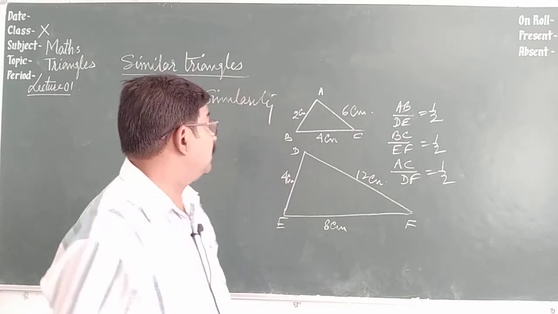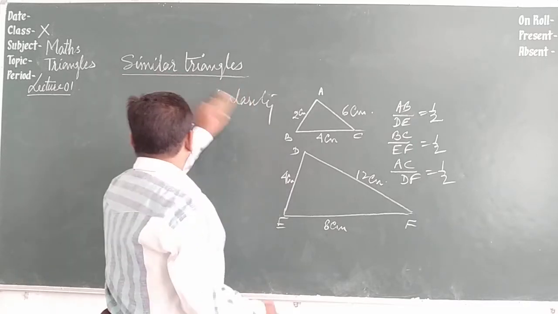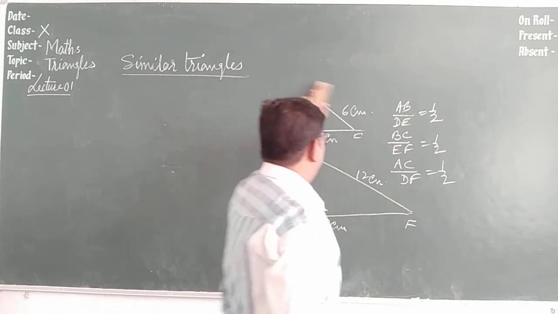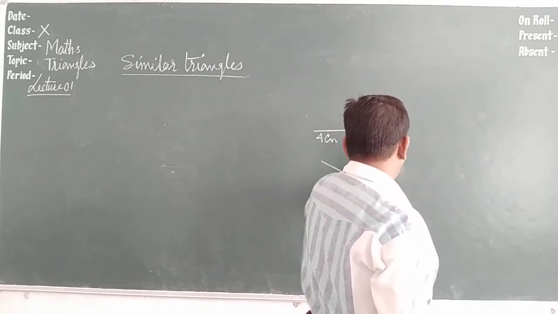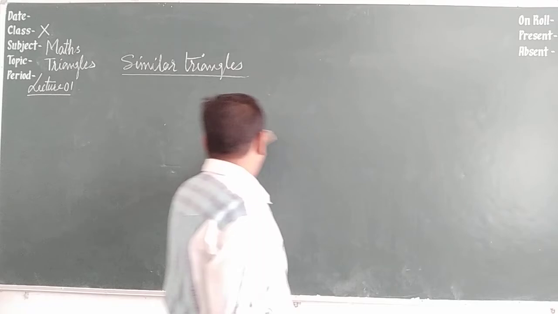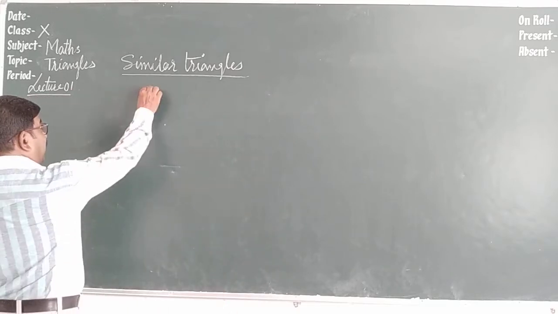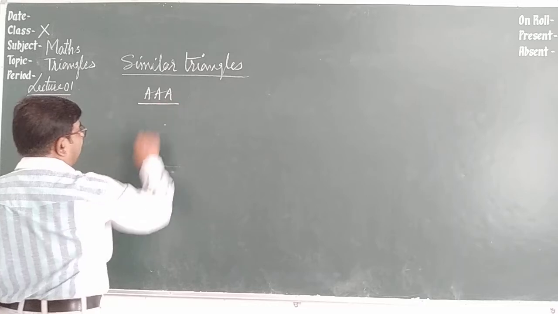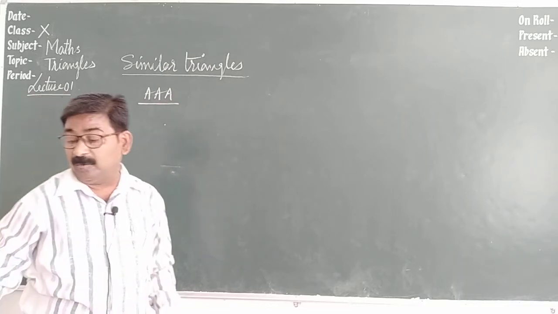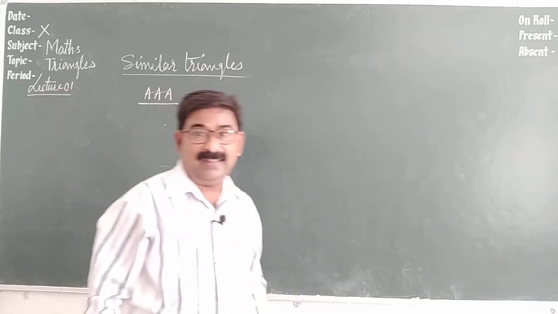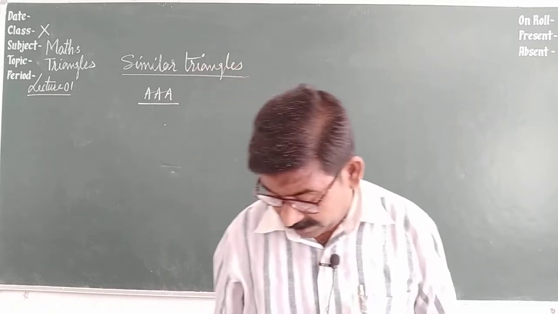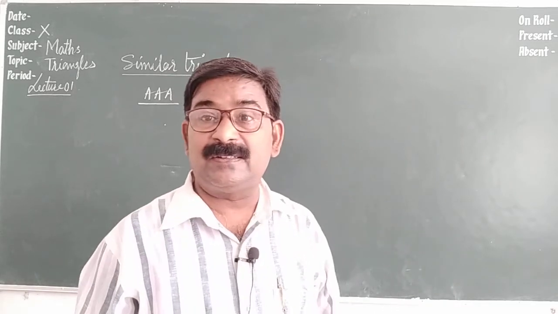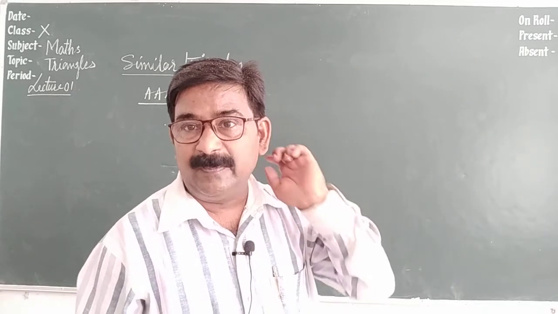Now another criteria is the AAA criteria. This criteria was not in congruency. It is only in the case of similarity.